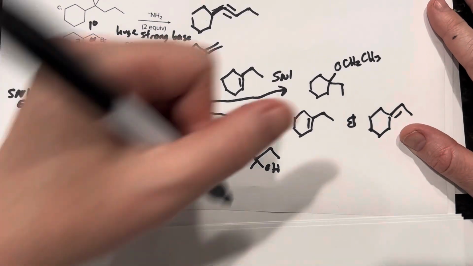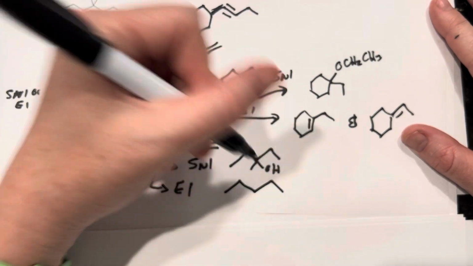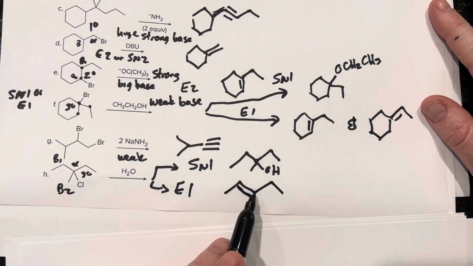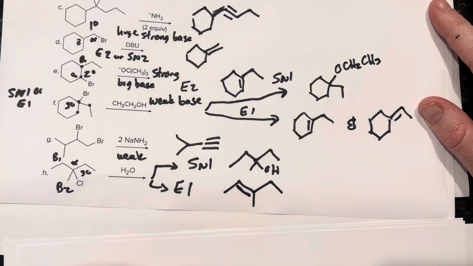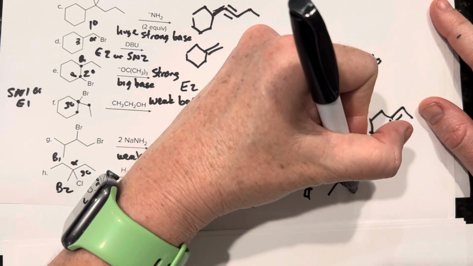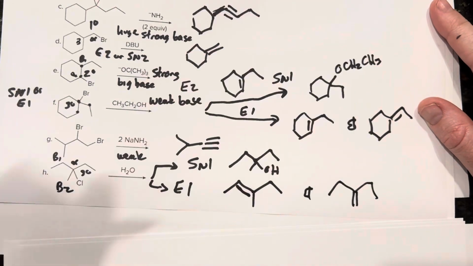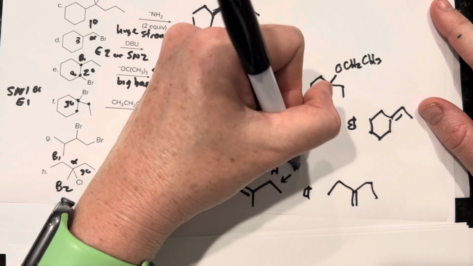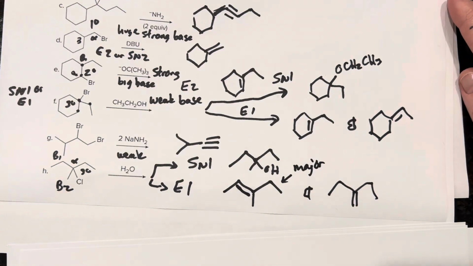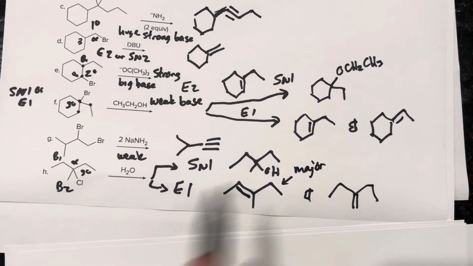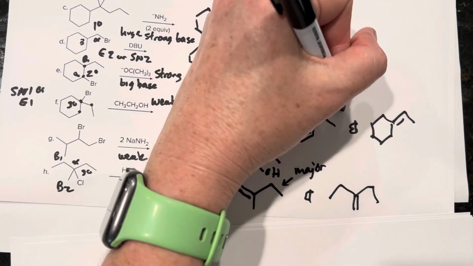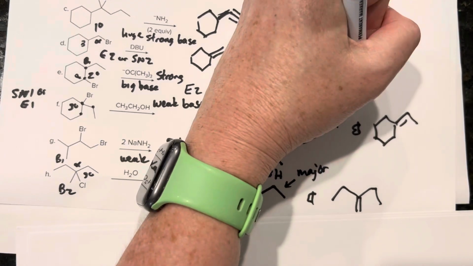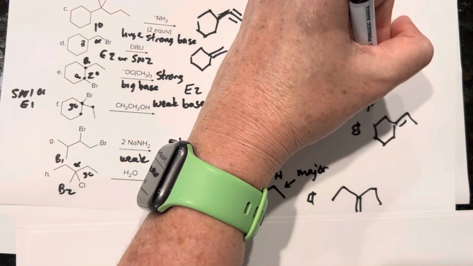So for our two products, we'll get one like that, where it was between alpha and our beta 1, and our other product, which would be our minor product, would be like that, where it's after the beta 2. So this one is major. And again, because of these electron donating groups, the carbons around this thing, I'm really willing to bet that this is also our major product.